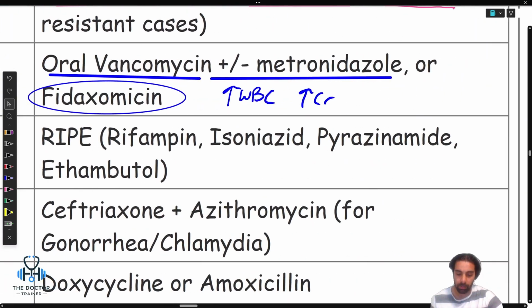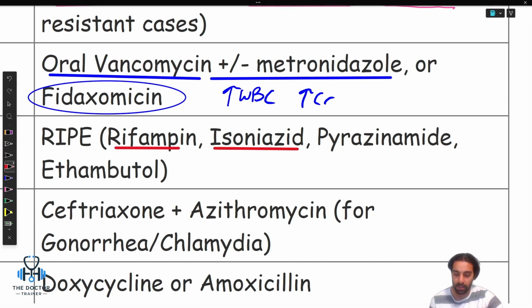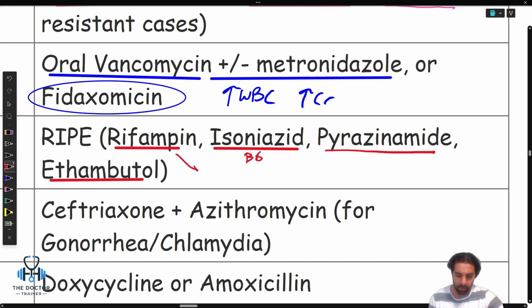Okay, Mycobacterium tuberculosis is your bug. And then we think about RIPE therapy in these patients. So these are going to be your antibiotics. If you ever see any of these options in your answer choices, they're good. You should know about their side effects. So isoniazid, I believe you're supposed to give B6 to. Rifampin can cause a red-orange discoloration to the urine.